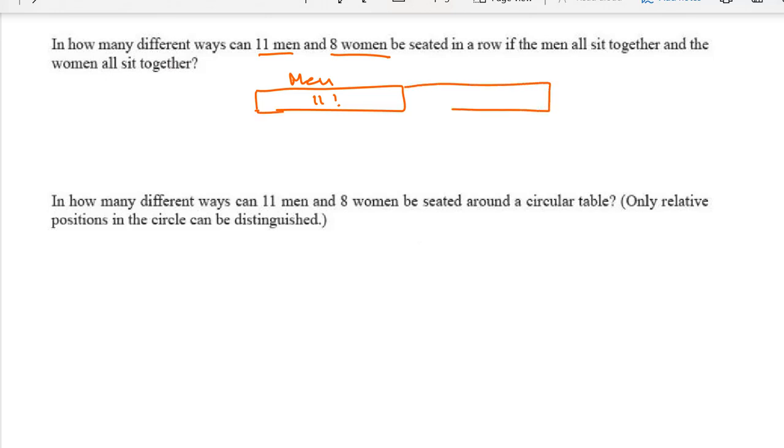And having all the women together, then you have 8 factorial. And then what happens? You could sit them with the women first, then the men, or the men, then the women. So we have 2 factorial there. So the answer is 2 factorial times 11 factorial times 8 factorial. And again, 2 factorial, because we could say men first, then women, or women first, then men.